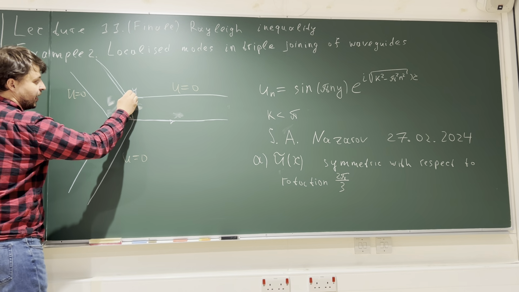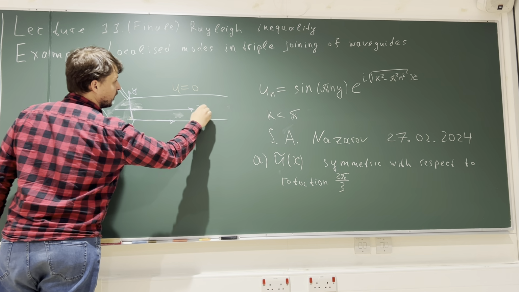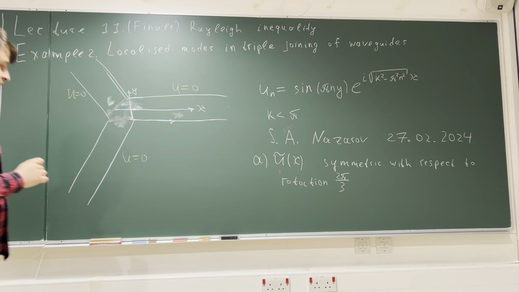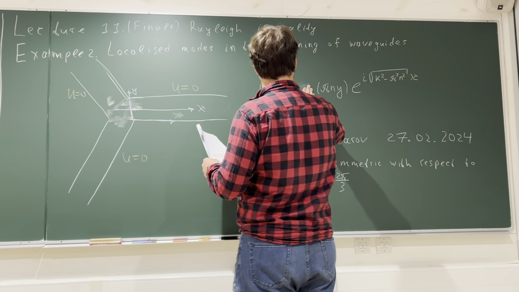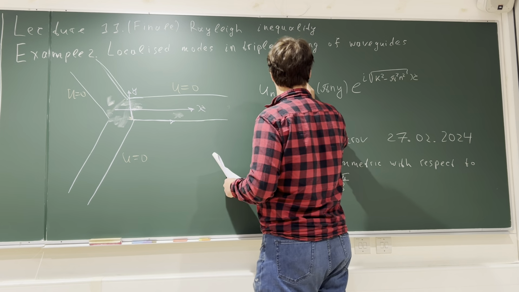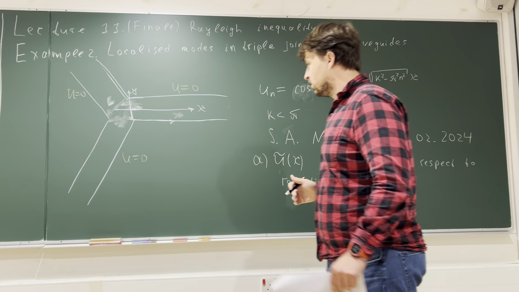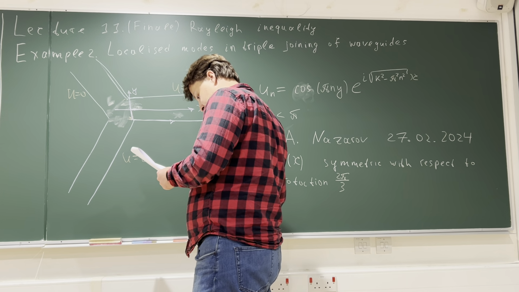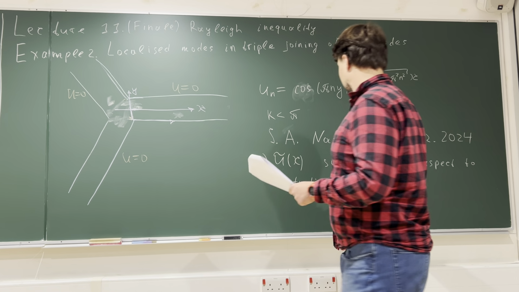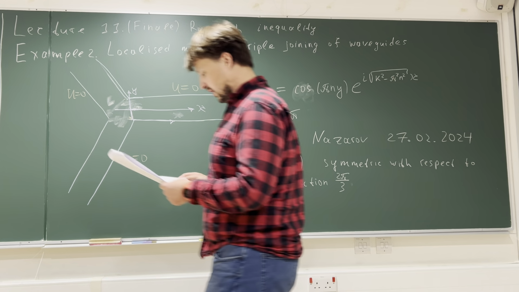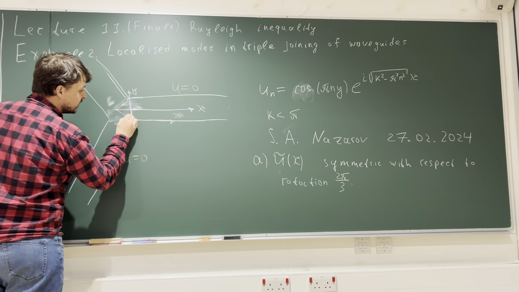I will put my x-axis here at the center. And if I put it here, the mode that satisfies the condition will be the cosine. Just how I do it. And since I have a rotational symmetry, I will consider only 1/3 of my system.